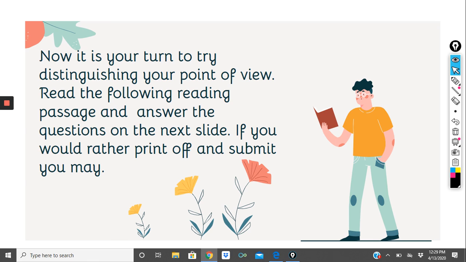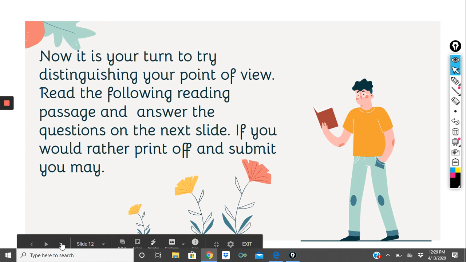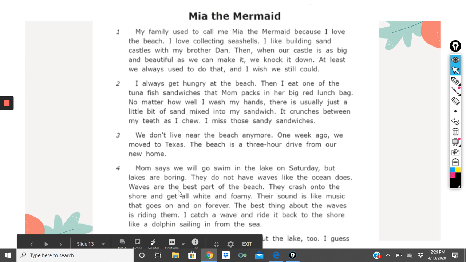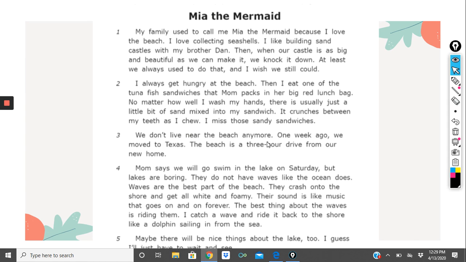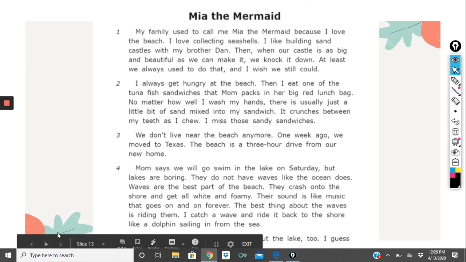Now, I cut it and pasted it into Google Slides, but if you want to print it off and underline and maybe take notes on it, you can do that as well. That's going to be in the Google Classroom under this assignment. So you can print it off, or if you want, like I said, I put the passage here. So it's up to you. You can either read it on here or you can print it off as well.